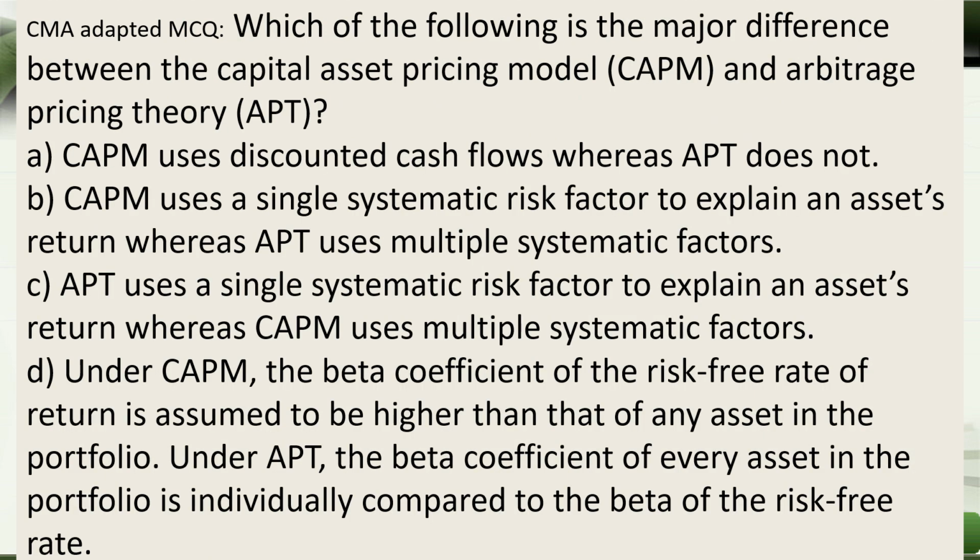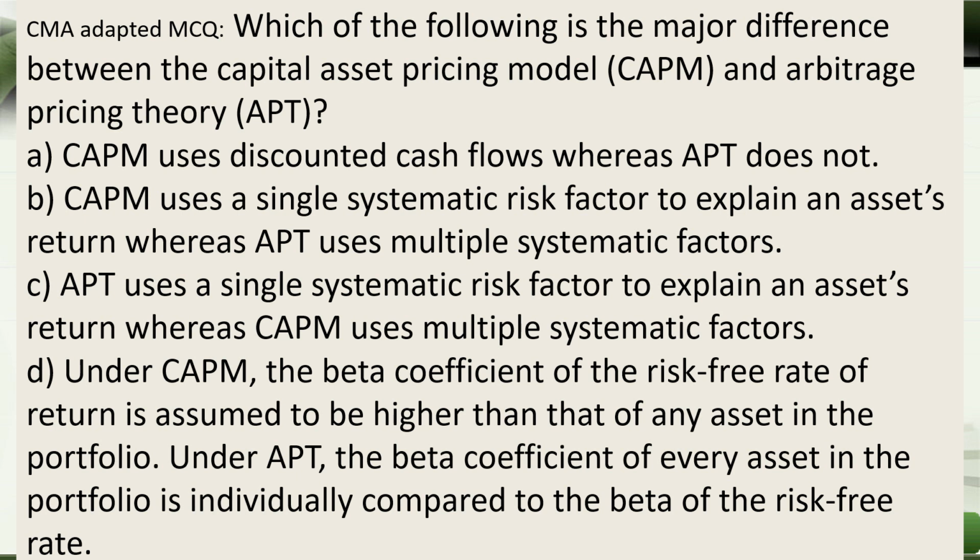Which of the following is the major difference between the capital asset pricing model and arbitrage pricing theory, APT? CAPM uses discounted cash flows, whereas APT does not. CAPM uses a single systematic risk factor to explain an asset's return, whereas APT uses multiple systematic factors.